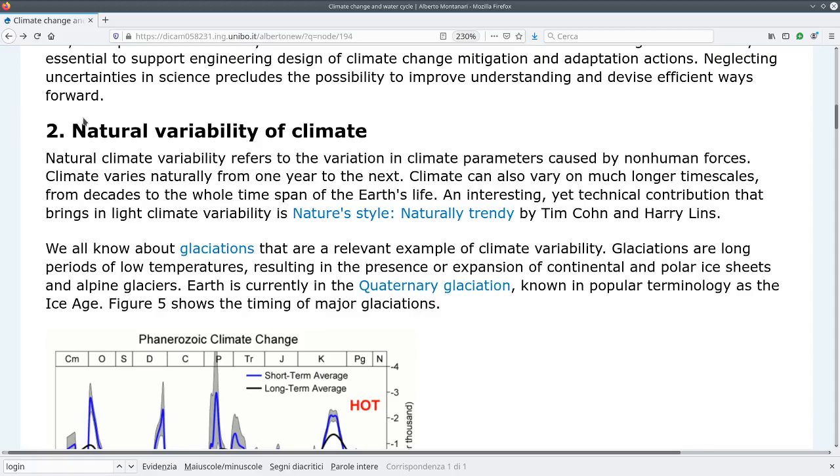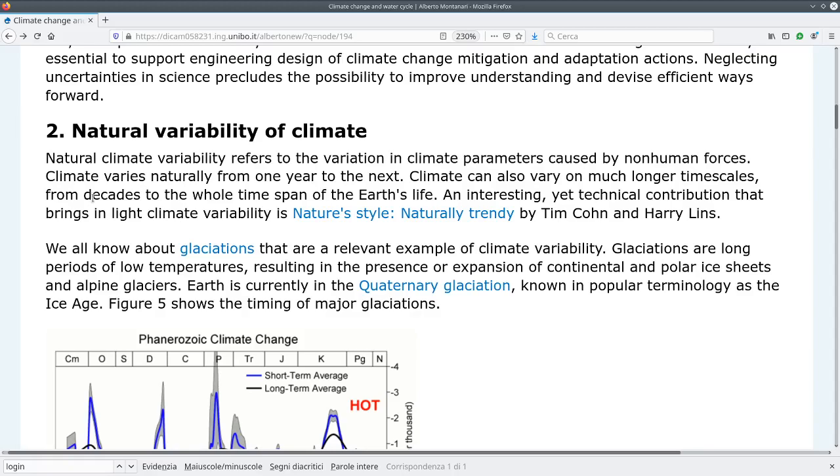And I think this is essential to understand the reliability of climate models, because I want to understand if climate models can reproduce this natural variability. So here there is a section dedicated to the natural variability of climate, which I think is useful as a term of comparison. And there are several studies on that, a very rich literature.